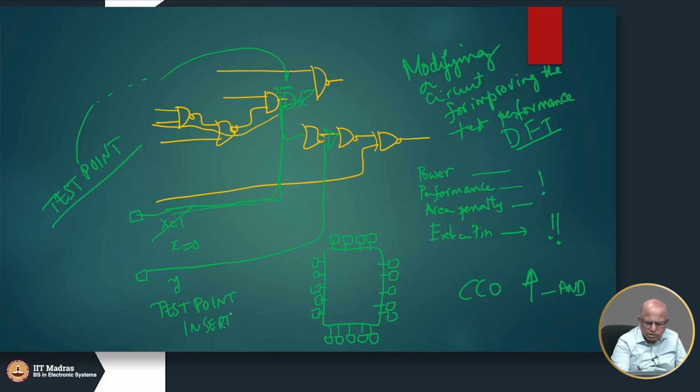Test point insertion is a simple design for test technique. And like I said, it comes with certain penalty: some extra power, some extra area, some extra delay along that gate, and finally, maybe you are going to ask for an extra pin.